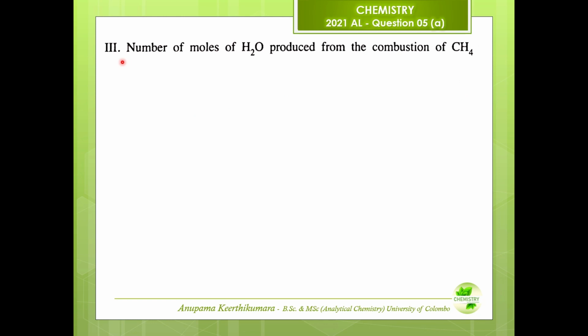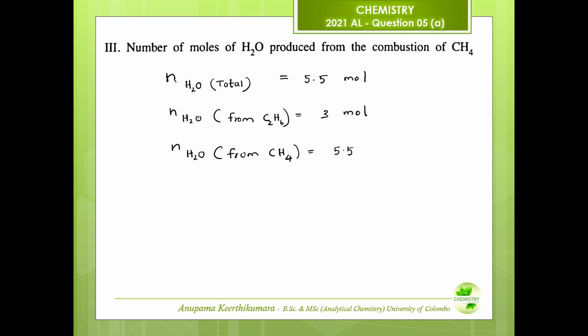Question number 5, part 3. Number of moles of H2O produced from the combustion of CH4. The total number of moles of H2O produced is 5.5 moles. The number of moles of H2O produced from C2H6 is 3 moles. Therefore, we can calculate the number of moles of H2O produced from methane. It's 5.5 moles subtract 3 moles. Therefore, the answer is 2.5 moles.